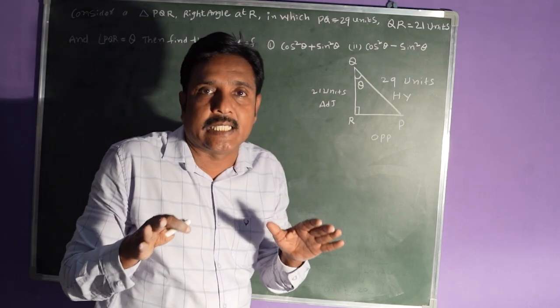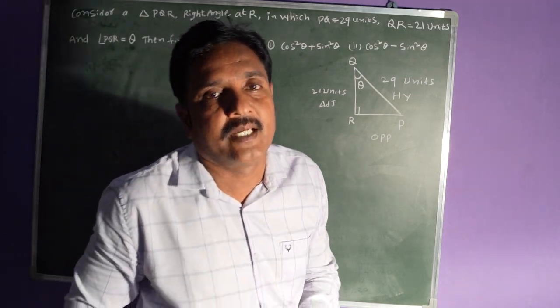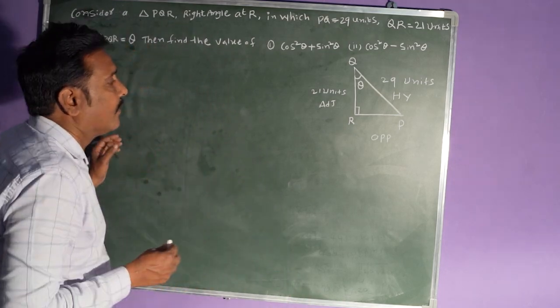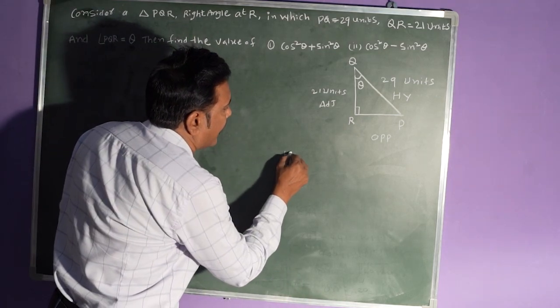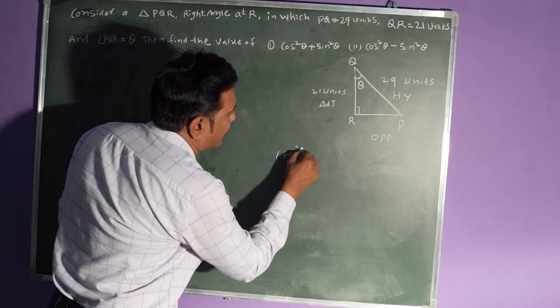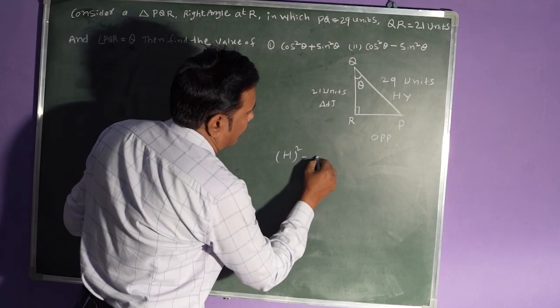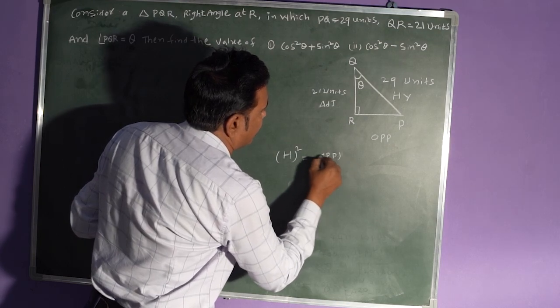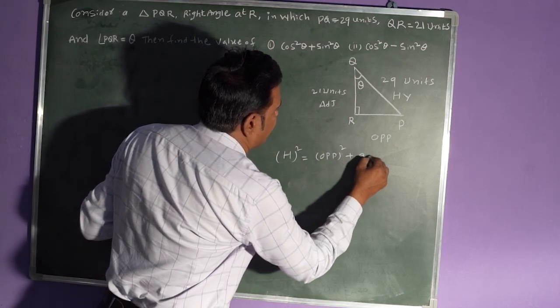Opposite is not there. That's why I will take the Pythagoras formula. What is the Pythagoras theorem? Hypotenuse whole square is equal to opposite whole square plus adjacent whole square.